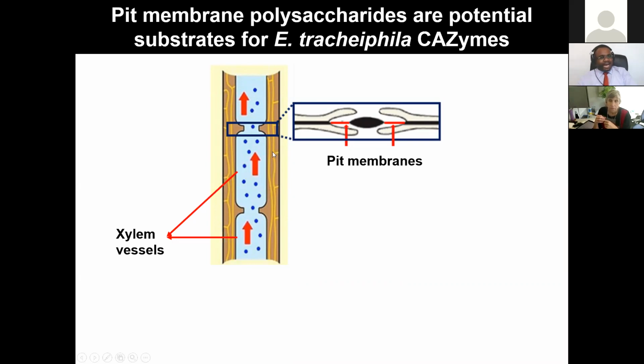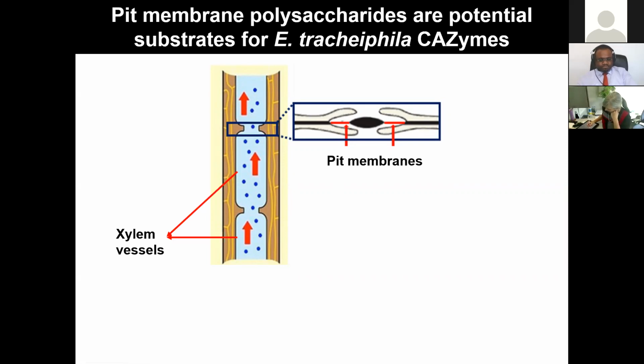For them to be able to do that, these pit membranes are going to be barriers that they have to overcome. These barriers have polysaccharides, and it's possible that these polysaccharides are often the targets of carbohydrate active enzymes, like we found in some xylem-inhabiting bacteria.